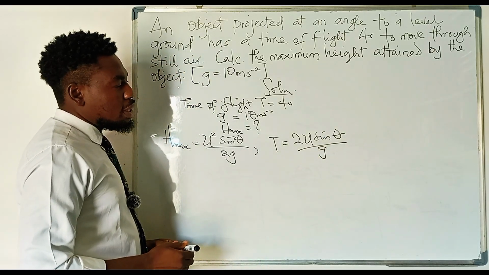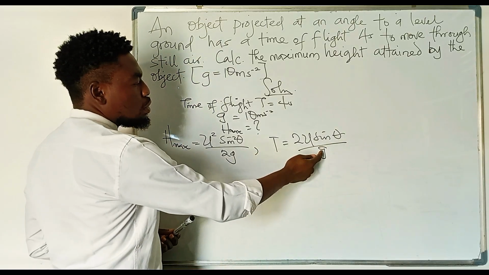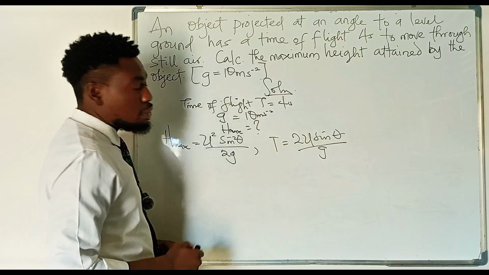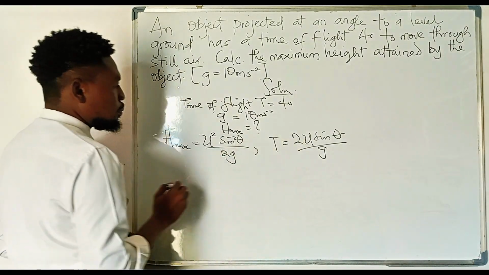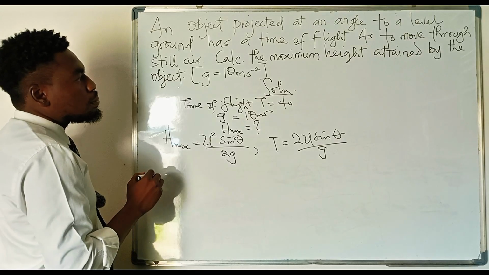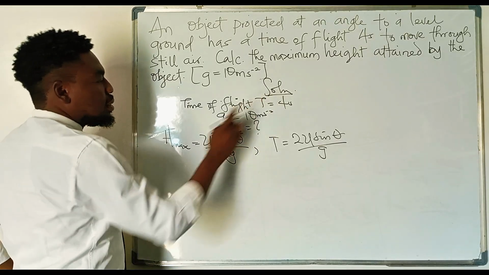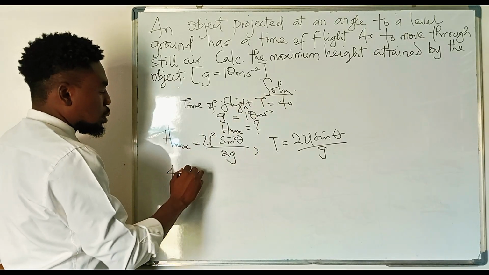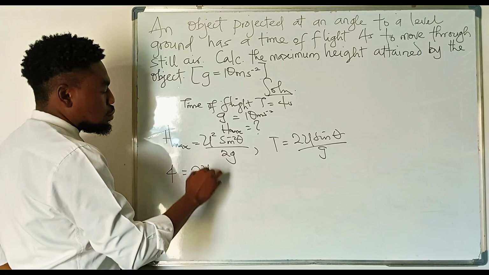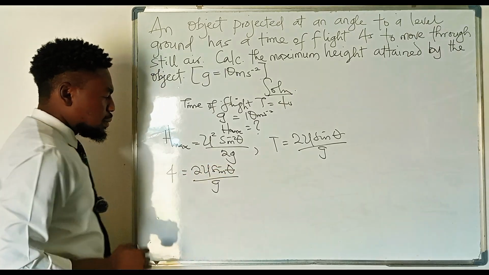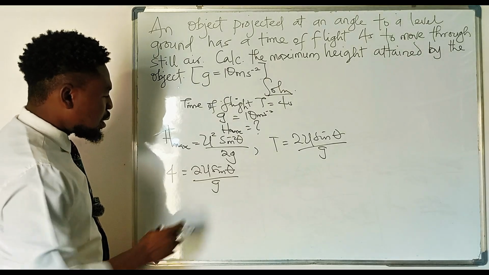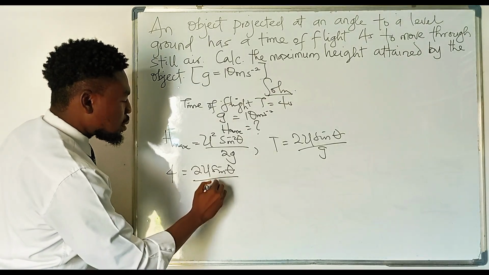So what we can do here is, since we know what t is, we know what g is, we can make u the subject of the formula, right? So let's use this formula to get our u. T is equal to 4, equal to 2u sine theta all over g, right? And we know that g is 10.